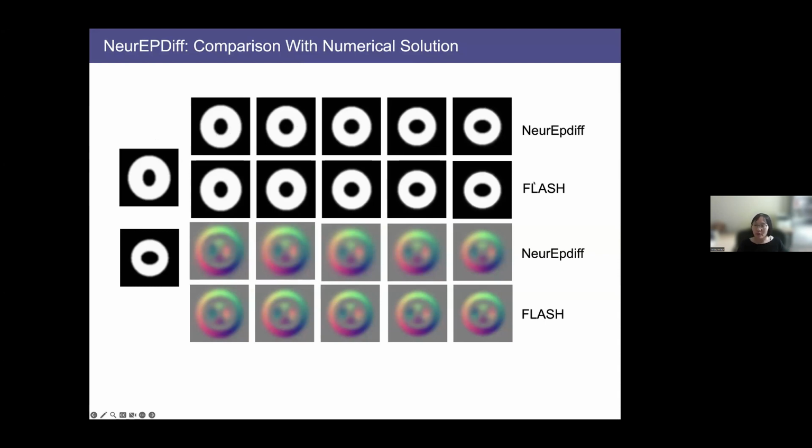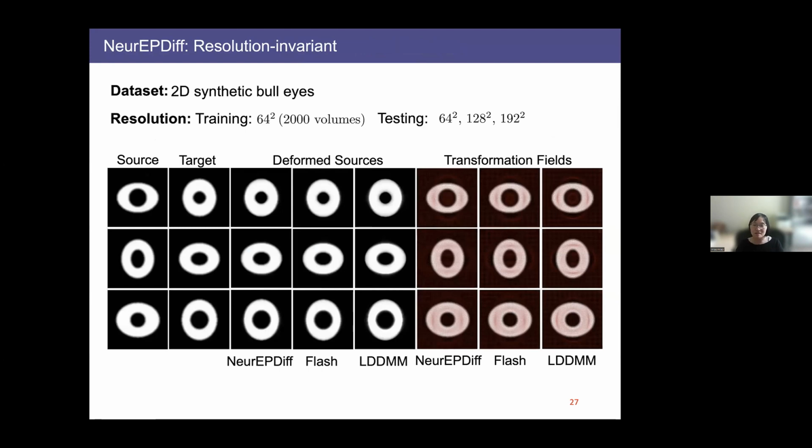So we compared with the real numerical solution, which is called Flash, and we can tell that the velocity fields and the evolution process are very similar, with close to zero numerical integration error. And then we look at the evaluation results on different resolutions, because our network learned the entire geodesic shooting mapping function, so our network is resolution invariant.